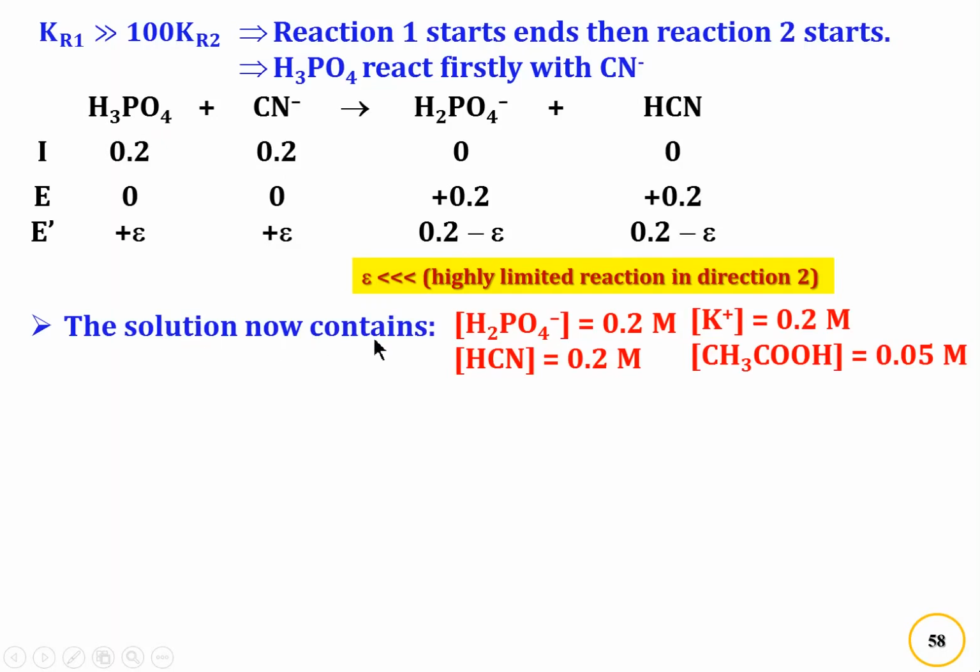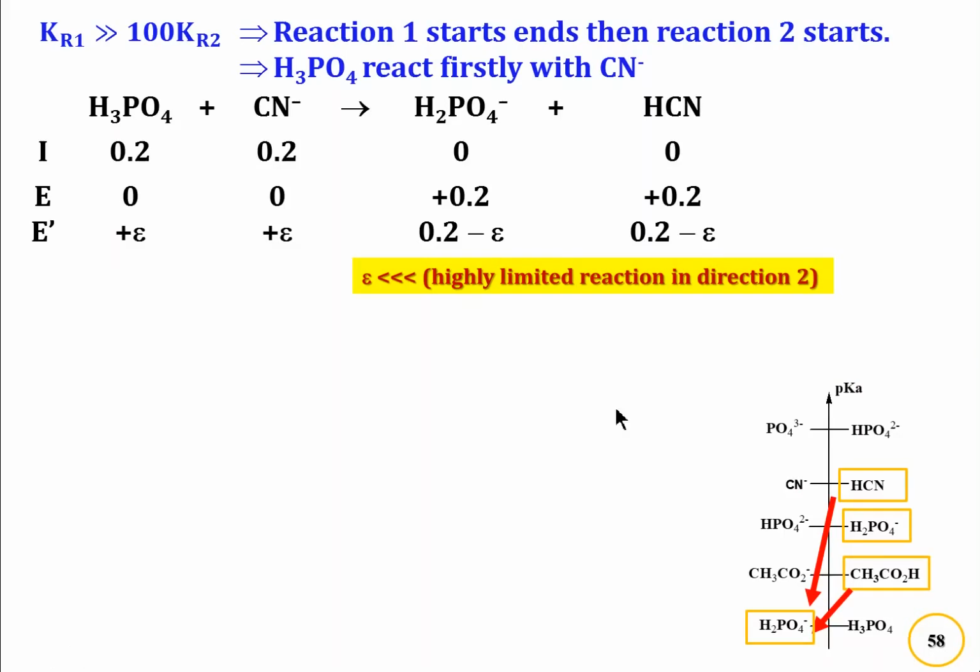So the new solution contains mainly H2PO4- 0.2 molar, HCN 0.2 molar, and from the beginning we have non-reacted CH3COOH, equal to 0.05 molar, and we have the spectator ion K+ produced by the dissociation of the salt, equal to 0.2 molar.